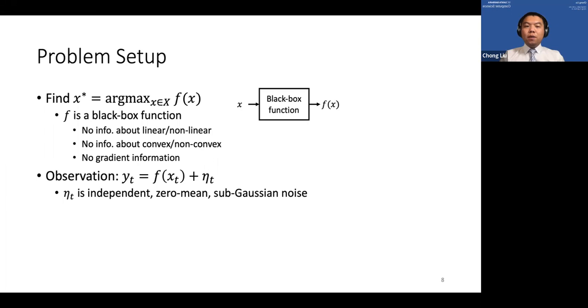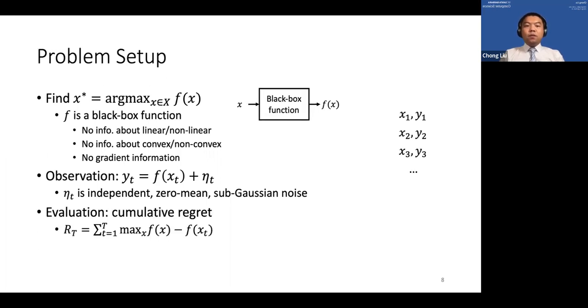This is the independent zero mean and sub-Gaussian noise, which is the standard noise modeling that we usually see. So at time 1, the player queries a data point at x1 and then observes y1. At time 2, the player queries at x2 and then observes y2, and then x3, y3, until some time.